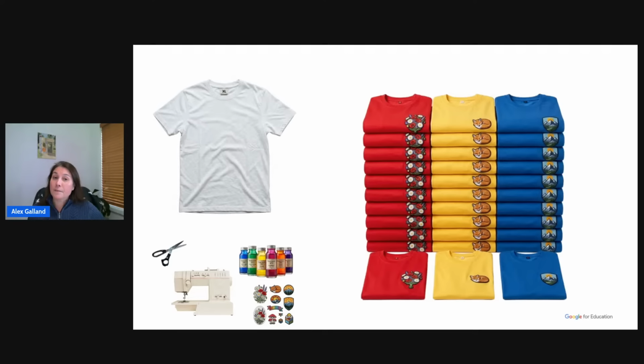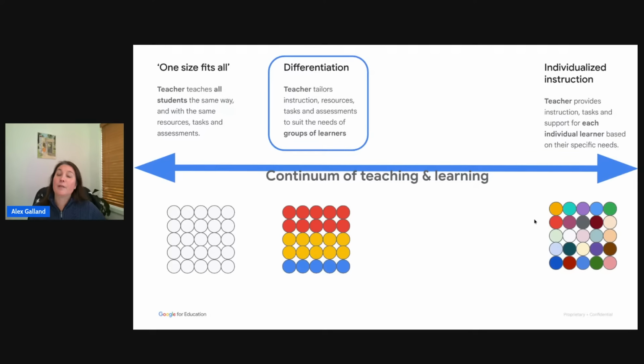Another teacher, going back to the t-shirts, might decide that she's just going to make 3 types. She's going to make a red one, which is small, a yellow one, which is medium, and a blue one, which is large. So 3 types, and she'll do that for the 3 broad groups in her class. If we come back to this continuum of teaching and learning, that really is differentiation.